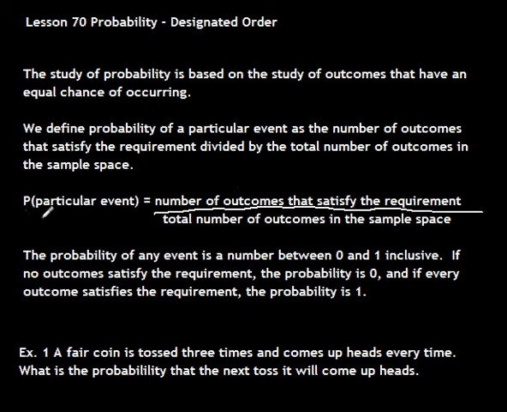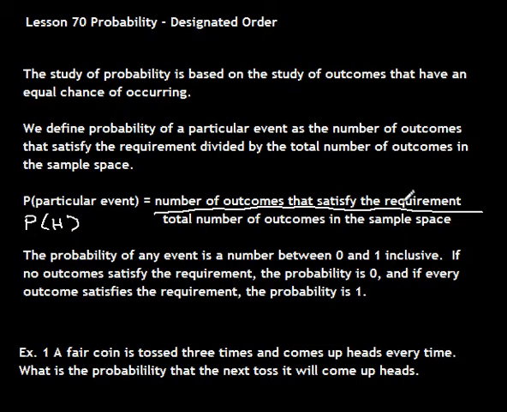So if you're trying to figure out the probability that you're going to flip a heads when you flip a coin, you put the P with an H in it, and it says the probability of heads is the number of outcomes that satisfy that requirement.